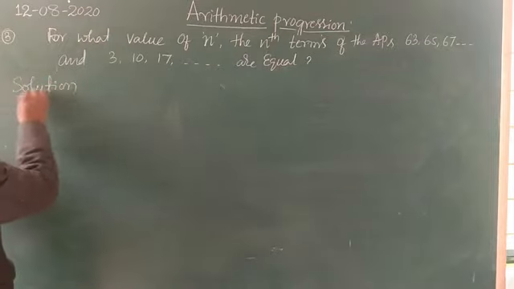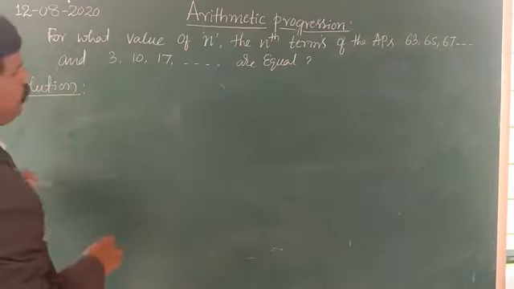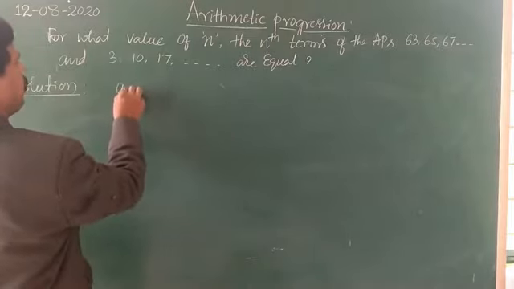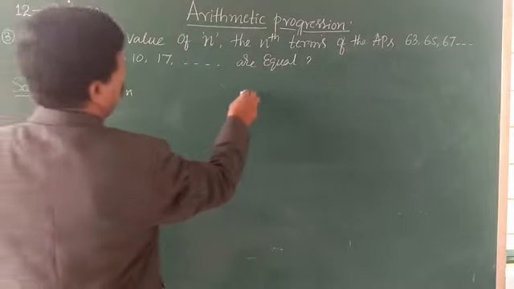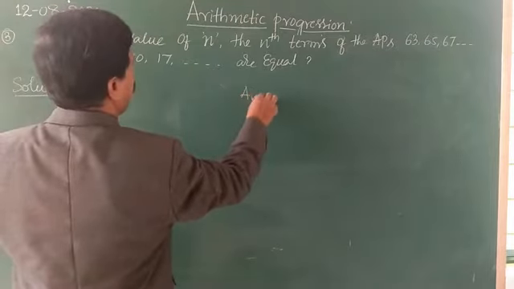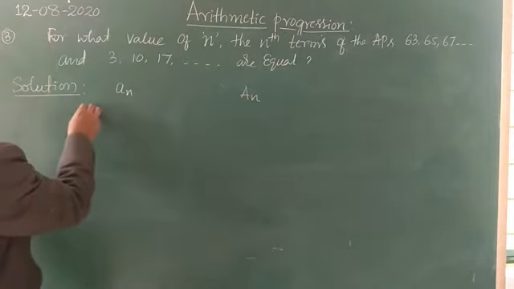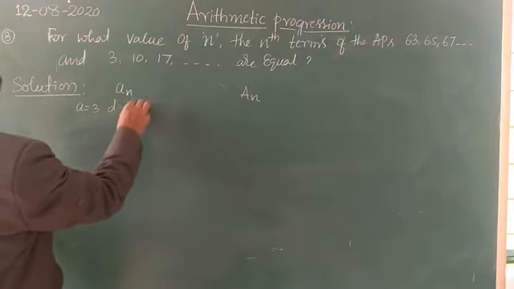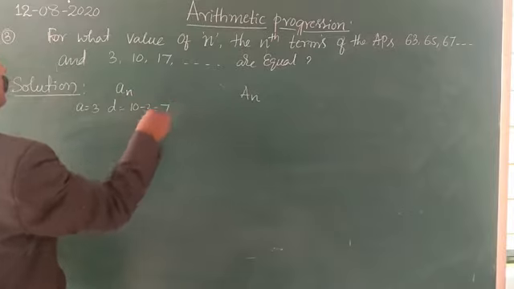Solution. What do you have to take? Like the first one, an, and another one, an. Now for this an, a is equal to 3, d is equal to 10 minus 3, that is 7.